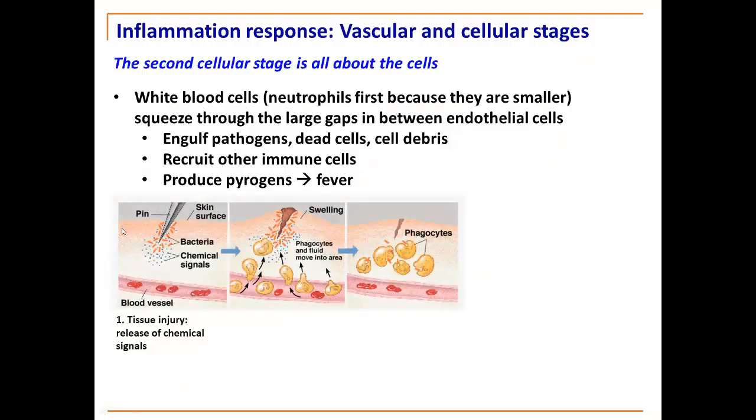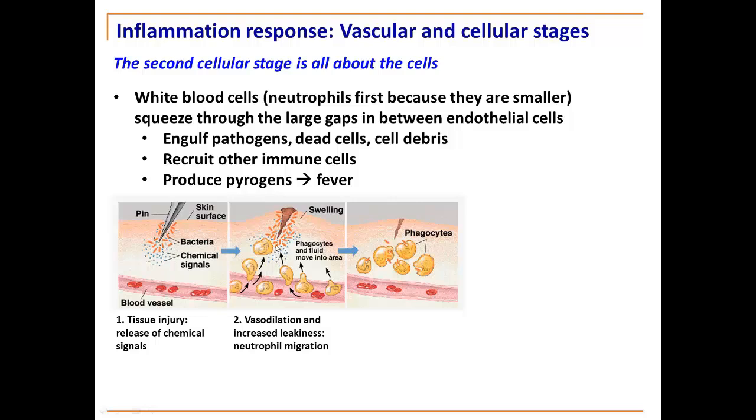So in our first stage, in this example, we're using a pin with bacteria on it, and we've got a pinprick. So these bacteria and other chemicals are damaging the cells, so we've got tissue injury, releasing a variety of chemical signals. That leads to vasodilation and increased capillary leakiness, and we get neutrophils migrating into that area, along with fluid and along with proteins.